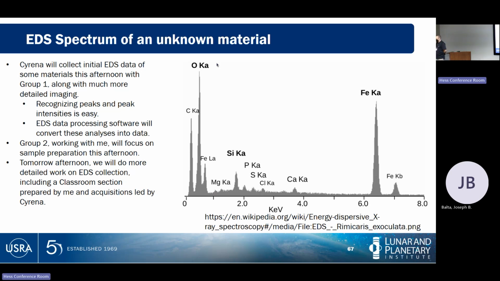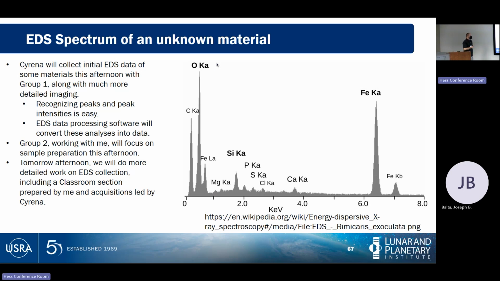EDS, energy dispersive spectroscopy, is the X-ray detector built into many electron microscopes. They're super useful because we talked earlier about how BSE imaging can give, this is brighter than this, and that's a probe of the Z number. This can actually tell me what something is made of.